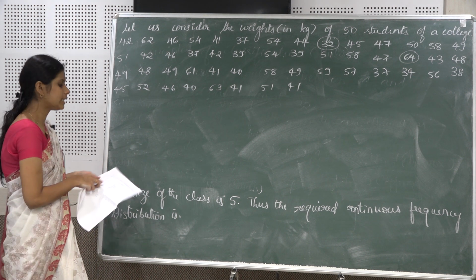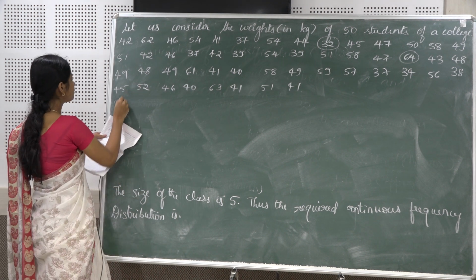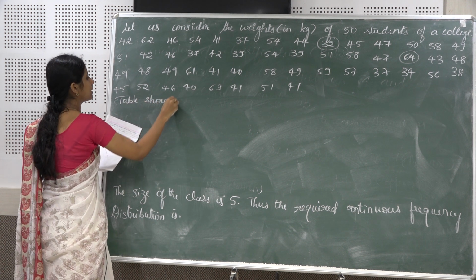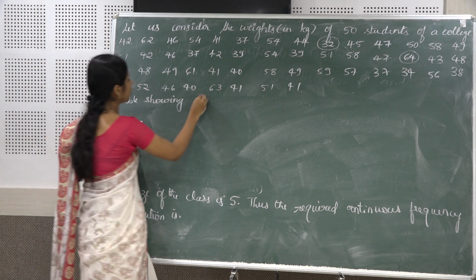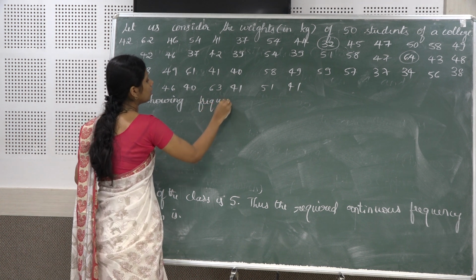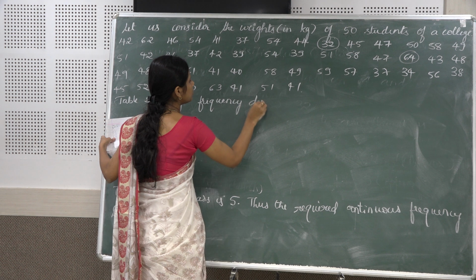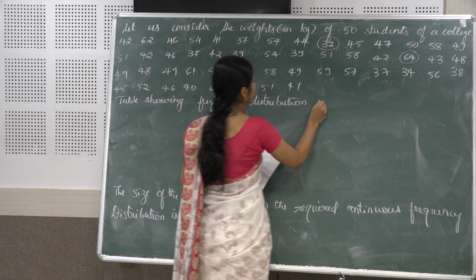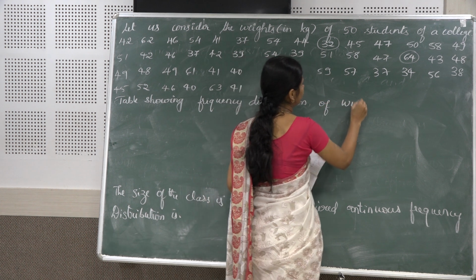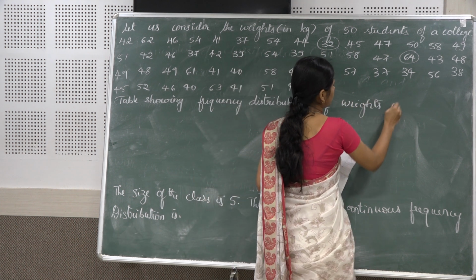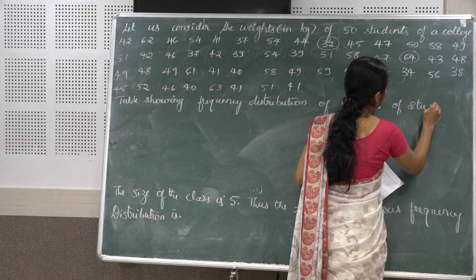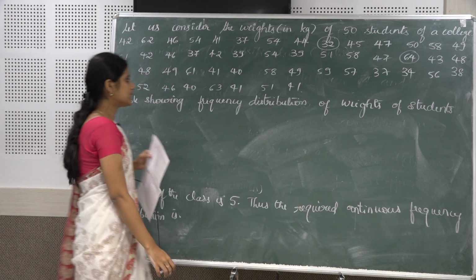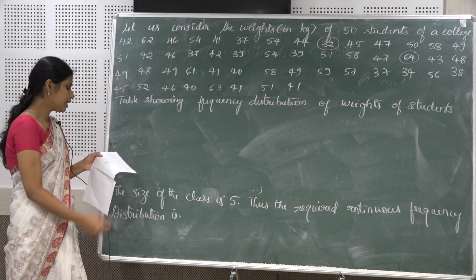So the title of the table will be: Table showing frequency distribution of weight of 50 students. This is the title of the continuous frequency distribution.